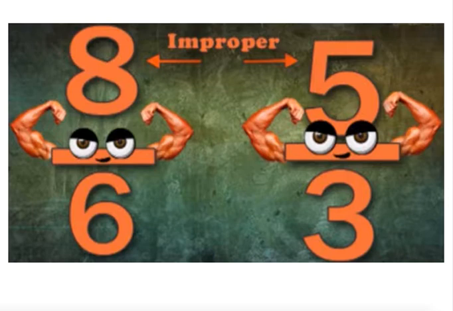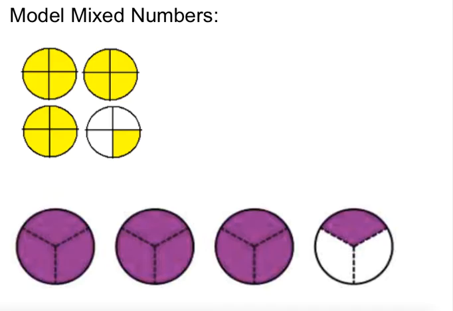Let's look at some models of mixed numbers. Here I have circles that are cut into fourths. If I look at these circles, I notice that this one is completely filled in, so that's 1 whole. This one's completely shaded in, so that's 2 wholes.